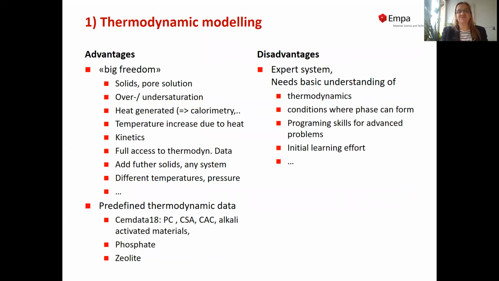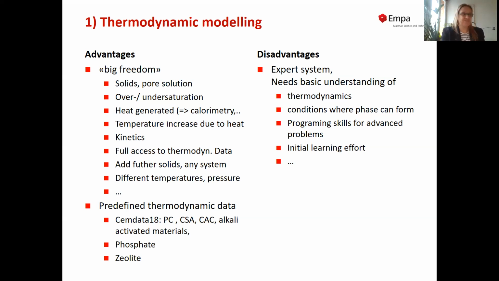The advantage of such a thermodynamic modeling approach is you have the big freedom. You can calculate solid or pore solution composition. You can calculate over or under saturation based on your experimental data. You can calculate the heat generated to compare it to calorimetric data. You can calculate temperature increase. You can use it to calculate kinetics. You have full access to the thermodynamic data.